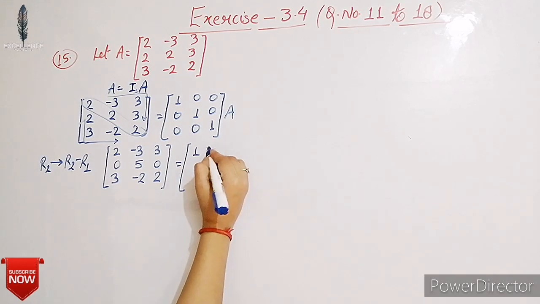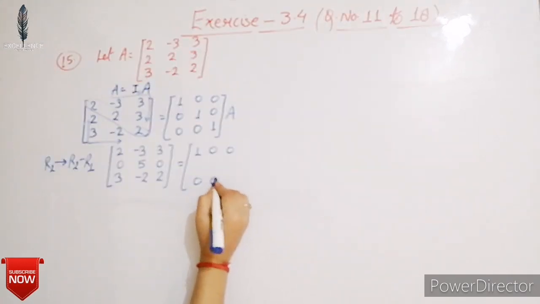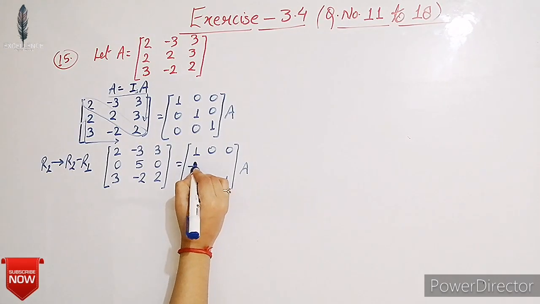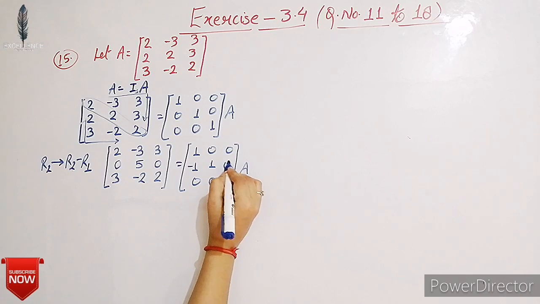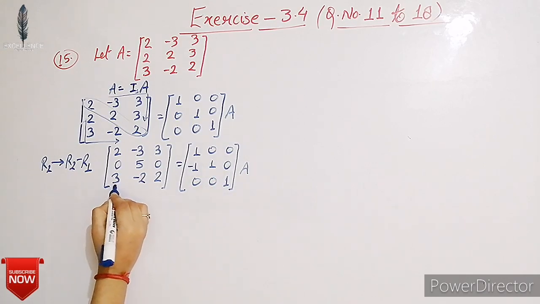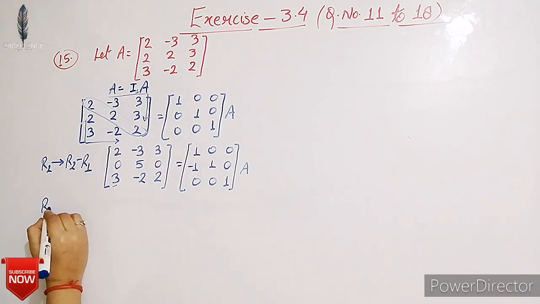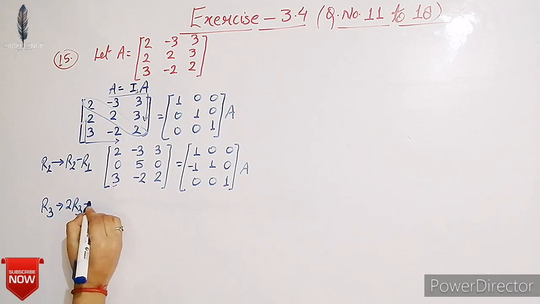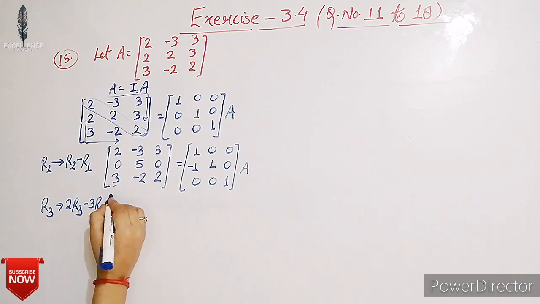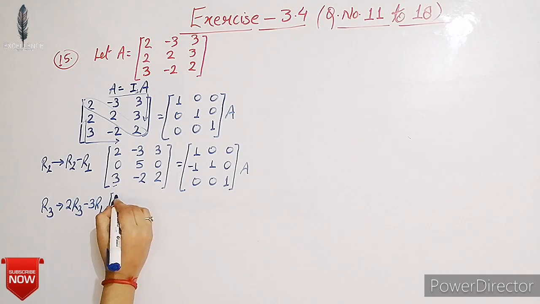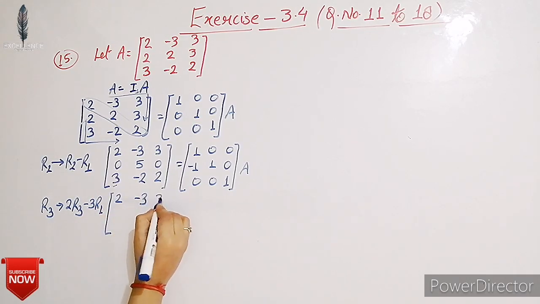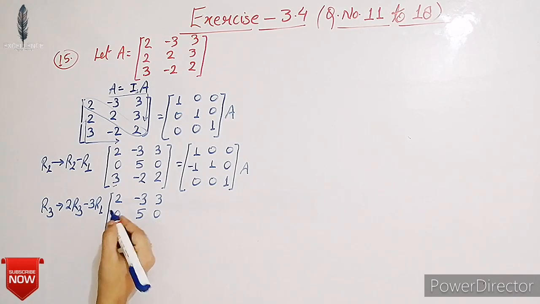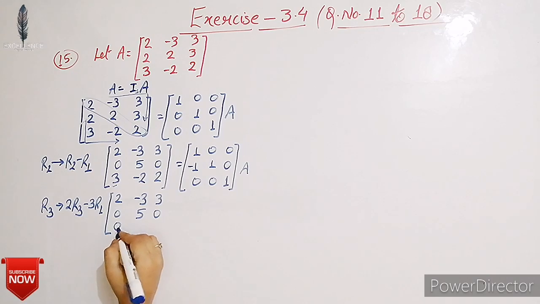Clear? समझ आया? Same here, R1 and R3 same and R2 becomes minus 1 1 0. Now 3 और इसका डायगोनल एलिमेंट क्या होगा जो इसी कॉलम में है, that is 2. So R3 is changes to 2R3 minus 3R1. So R1 and R2 is same and change the R3, then we get 6 minus 6, 0.